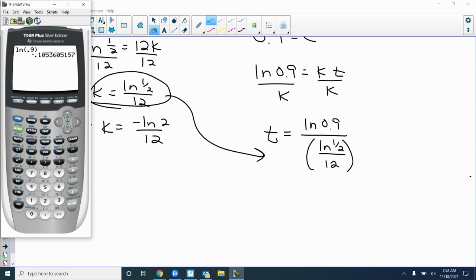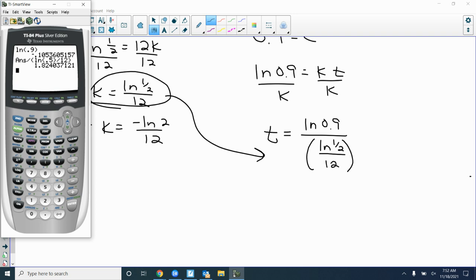Equals that divided by natural log of 1/2, which is natural log of 0.5. Whoops, I didn't hit divided by. Divided by parentheses, natural log of 0.5, close my parentheses, divided by 12, close the whole denominator. All right, 1.82. Okay, so just make sure you can get that.